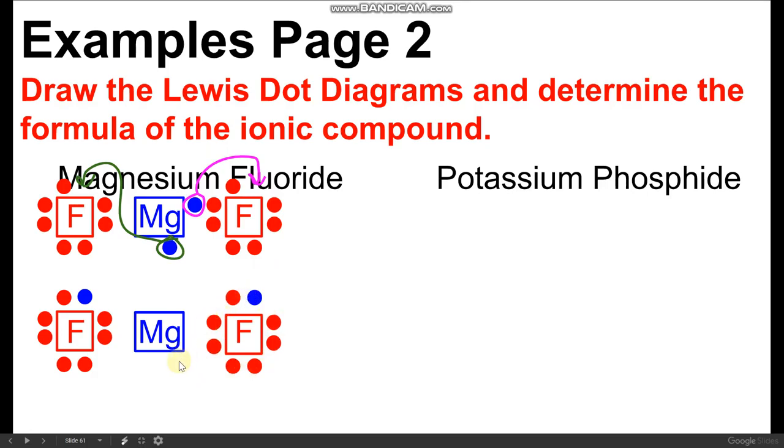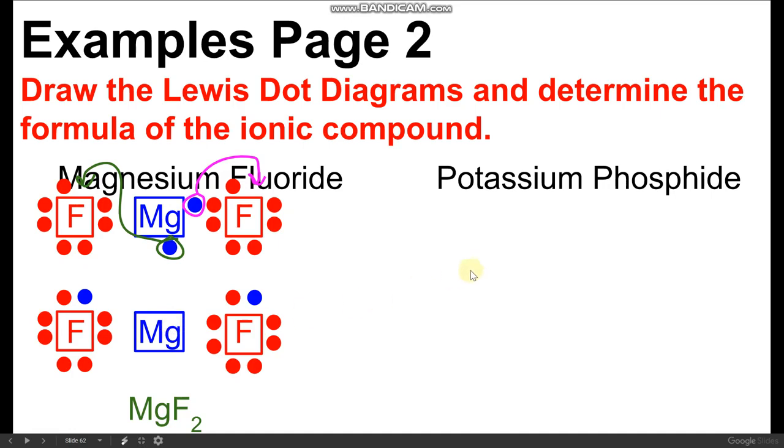Okay, and so then how do we write our formula? Well, it's got 1 magnesium ion and 2 fluorine ions. So the way we'll write it is MgF2, since there's 2 fluorines. And again, the reason why this atom had to have 2 fluorines is because we had to have 1 spot for this electron to go and 1 spot for this electron to go.